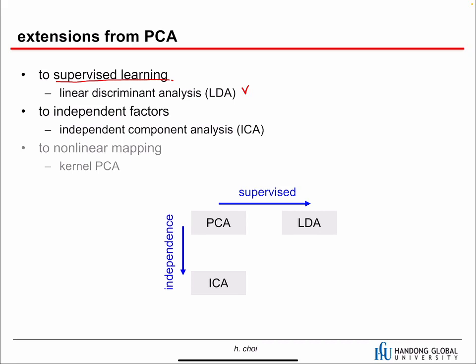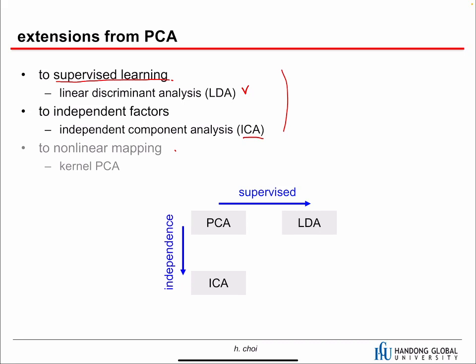And then if we extend the PCA based on independent factors, which is more than just uncorrelatedness, then we can talk about ICA, independent component analysis. And these are still linear methods, linear projection. And we can think of nonlinear mapping.